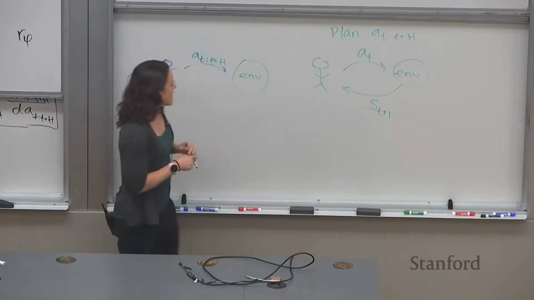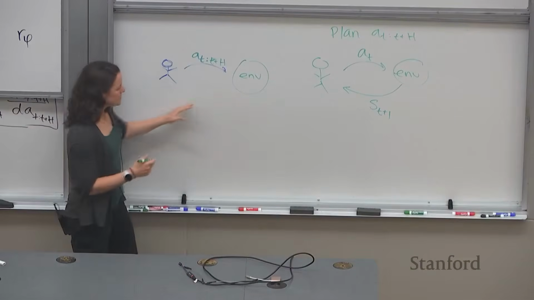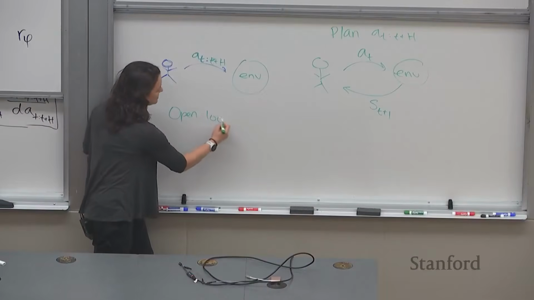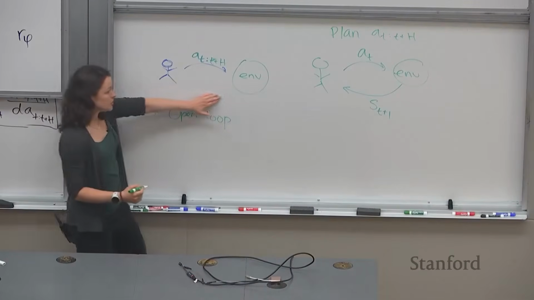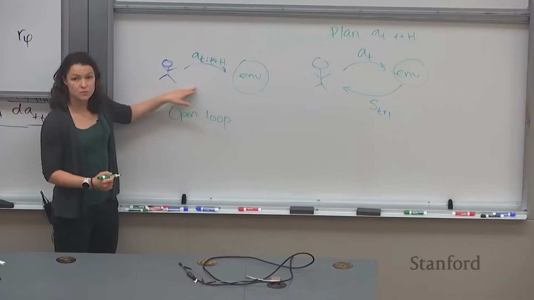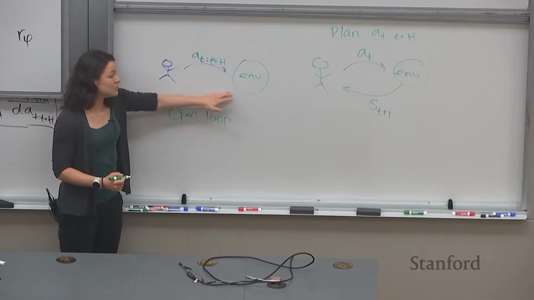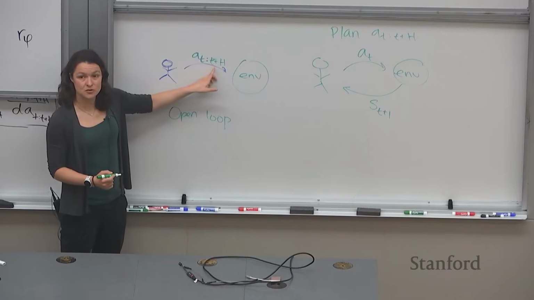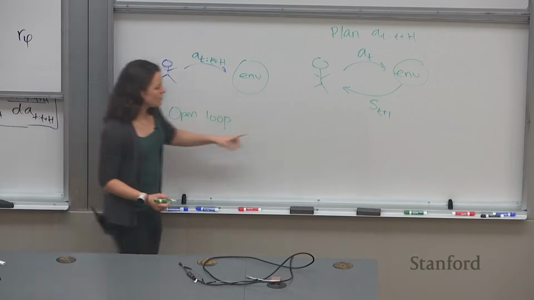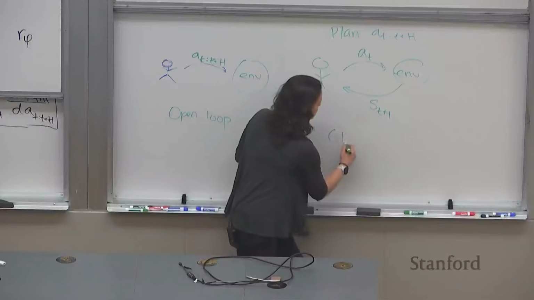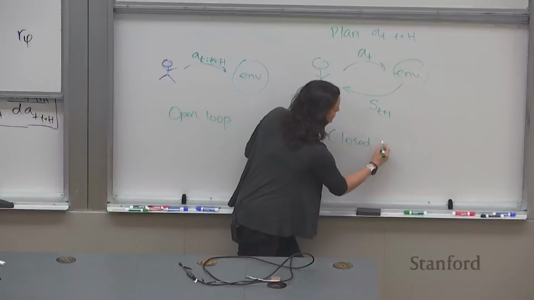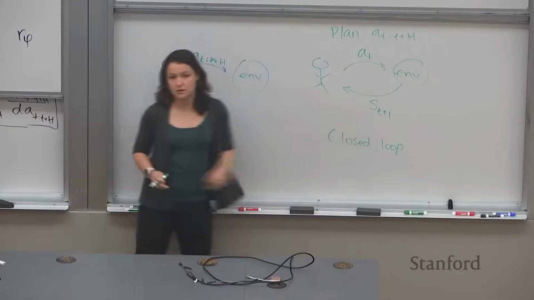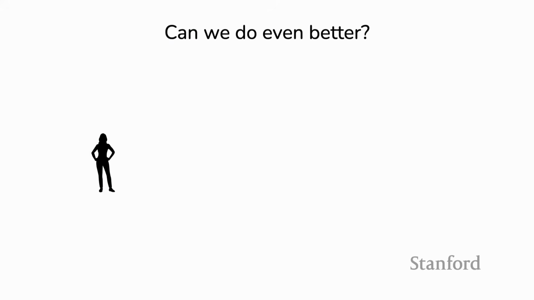The difference between these two things: this is often what's called open loop, because you're not actually using the feedback from the environment, the intermediate s_t's, when you are executing future actions. Whereas this is often called closed loop, because you're replanning as you get new states.